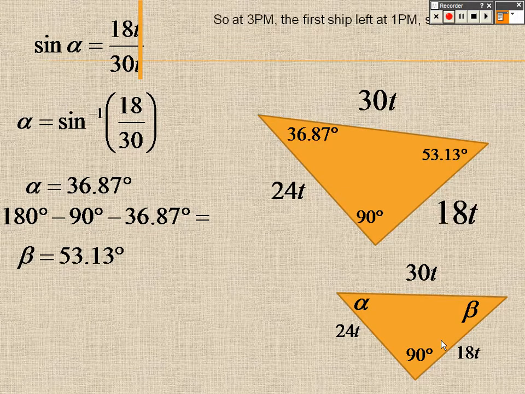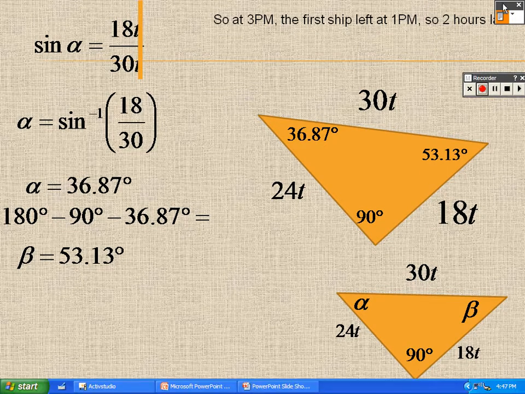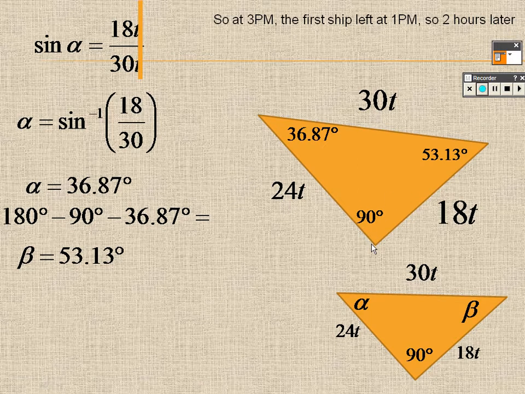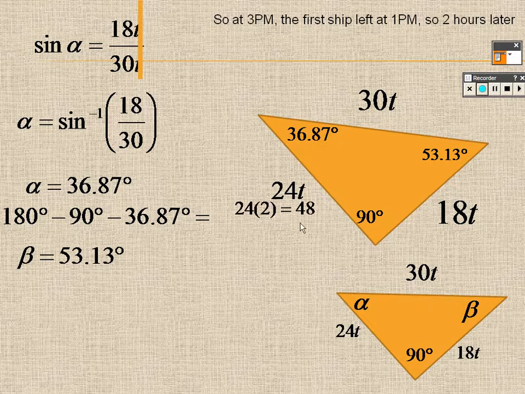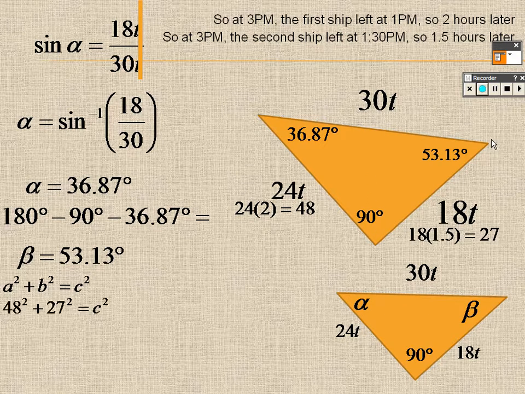Okay, so at 3 p.m. the first ship left at 1, so 2 hours later it was 48 feet at 3. The second ship left at 1:30, so it's 1.5 hours, so that's 27.